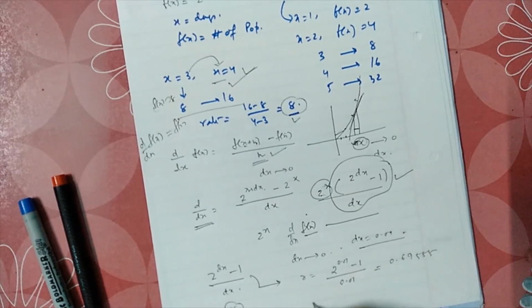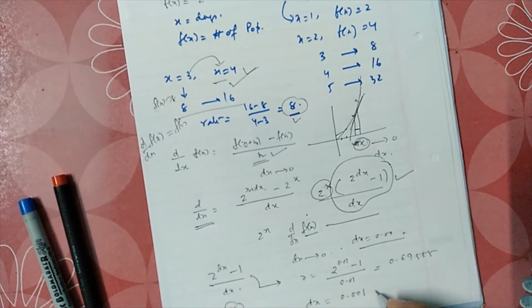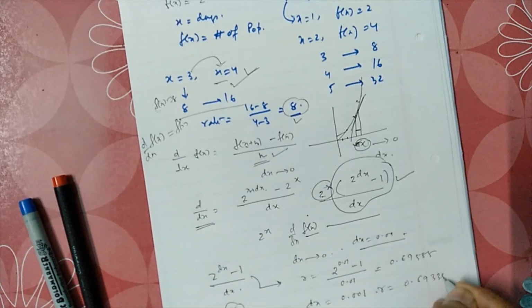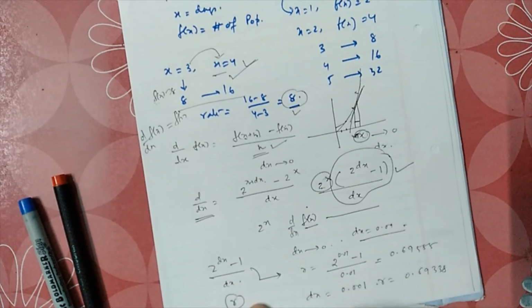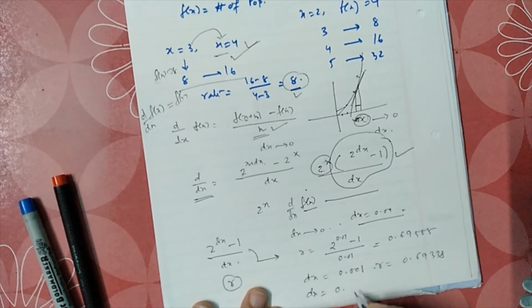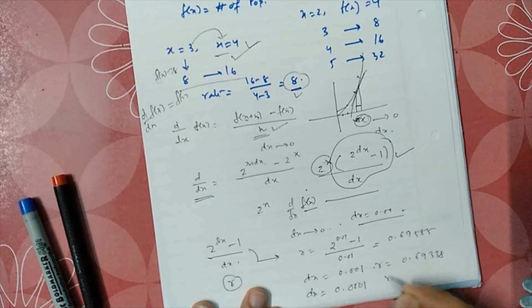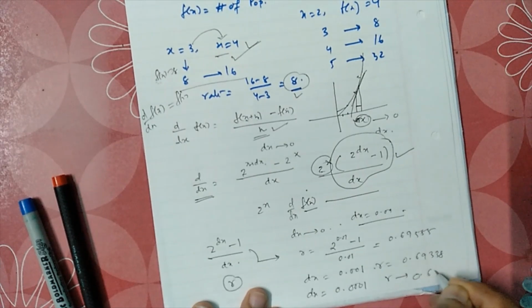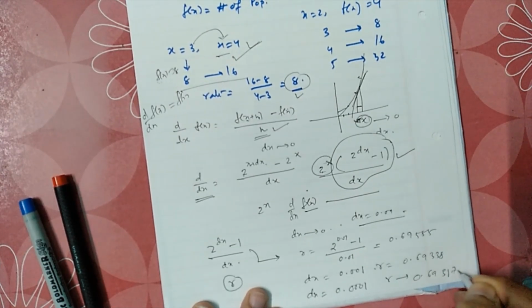0.6955. If dx is equal to 0.001, much smaller, then r is equal to how much? 0.69338. Take r further smaller, dx is equal to 0.0001, then r will be how much? 0.69317.